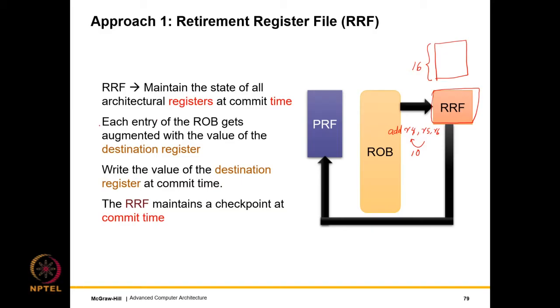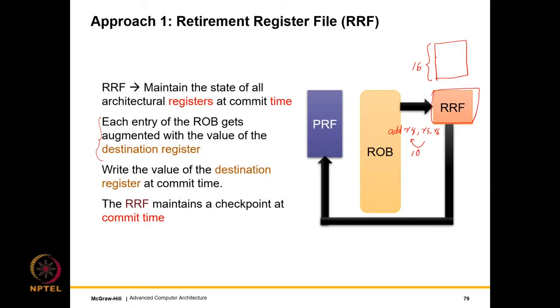So each entry of the ROB is augmented with the value of the destination register. This does add extra storage, by the way. A ROB typically has 200 entries, so if it is a 64-bit machine, it adds 64 bits to the size of each ROB entry. So this additional storage overhead is there.